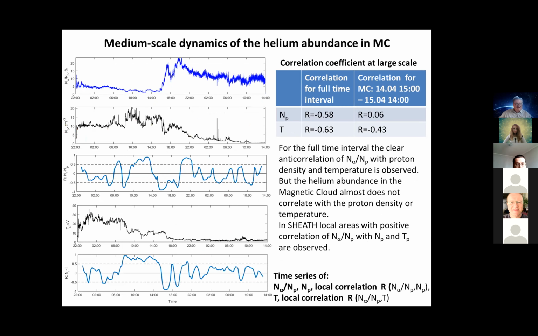For the full time interval, a clear anticorrelation of helium abundance with proton density and temperature is observed, but the helium abundance in the magnetic cloud almost doesn't correlate with the proton density or temperature. In the sheath, local areas with positive correlation of helium abundance with proton density and temperature are observed.